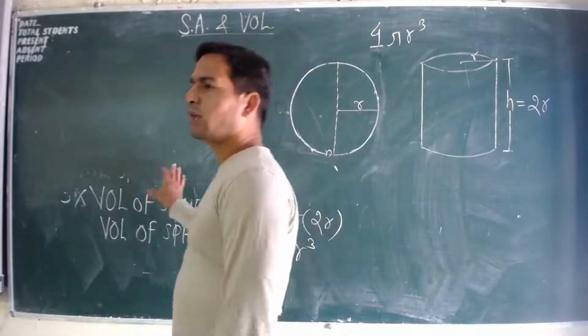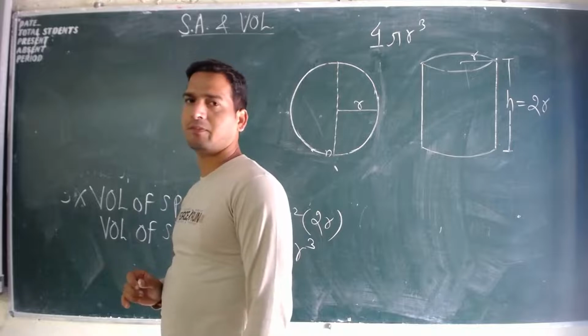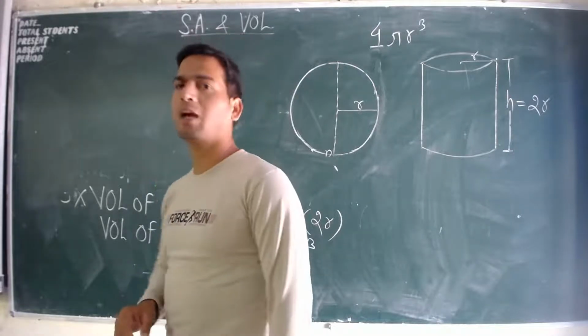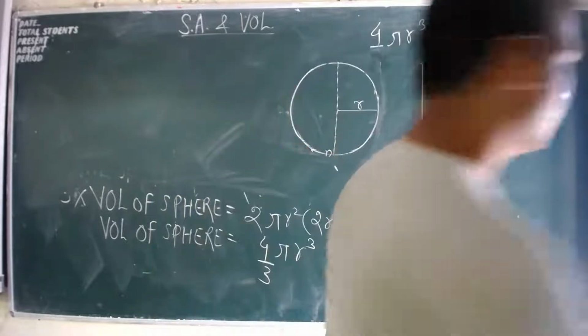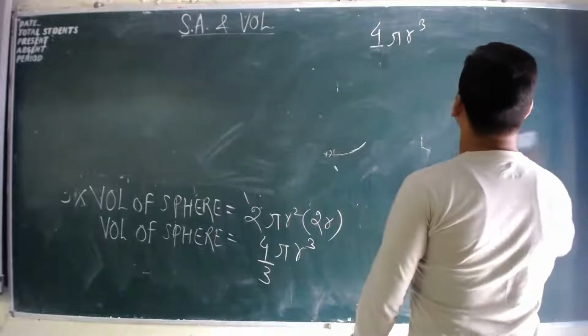So your lab activity is simultaneously being completed. Clear? All these come in your lab activity. So next is hemisphere.